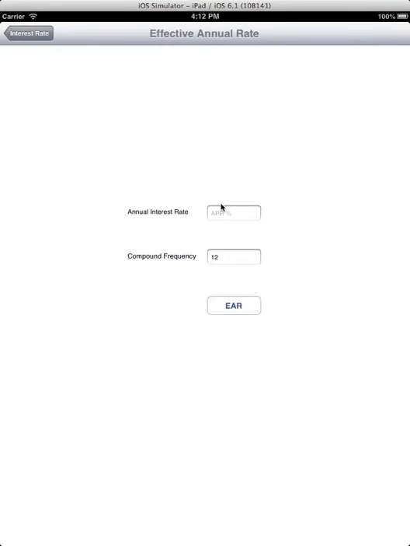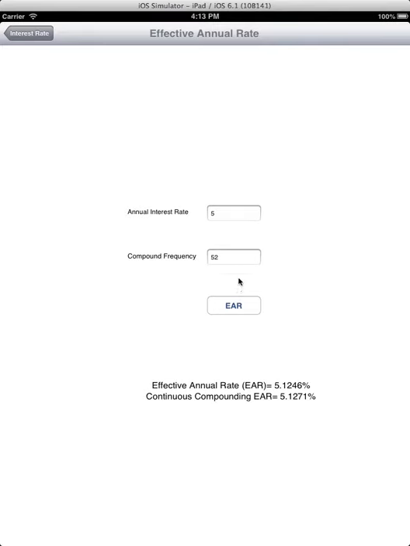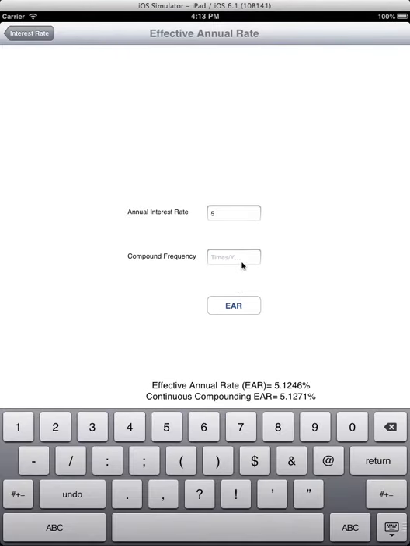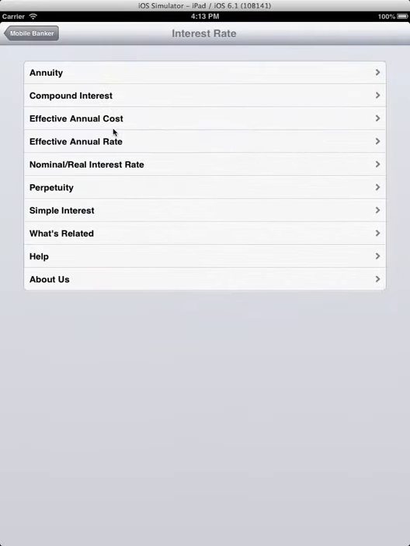Effective annual rate. So annual rate is 5%, compounding frequency is 12, or compounding once every month. Now say it is compounding every week. So we have 52 weeks. This is what we receive. And if it's compounding every single day, this is what we see.